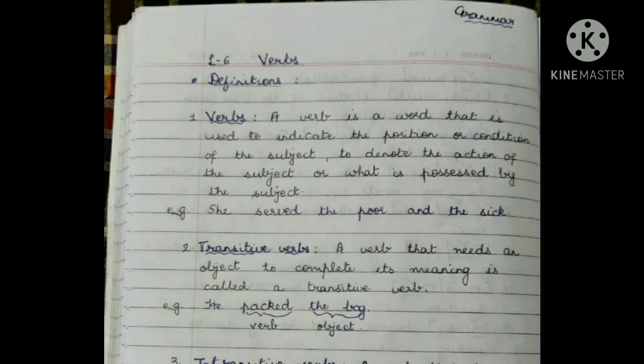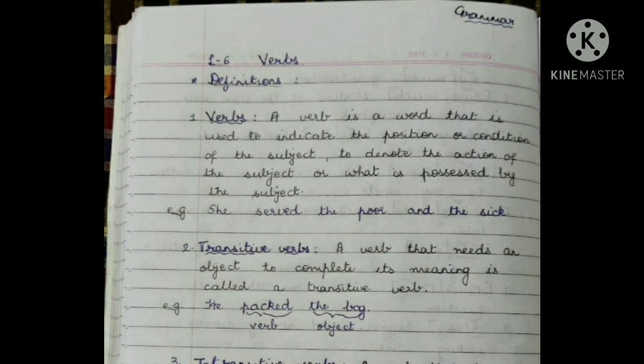Good morning, students. Today we will discuss your sixth chapter in grammar, that is verbs. We have already studied sentences, in which you saw that a sentence contains a noun or a subject, verb, and an object or predicate.